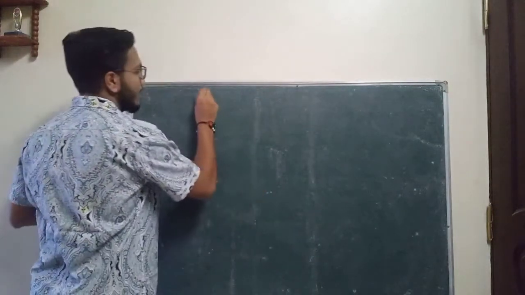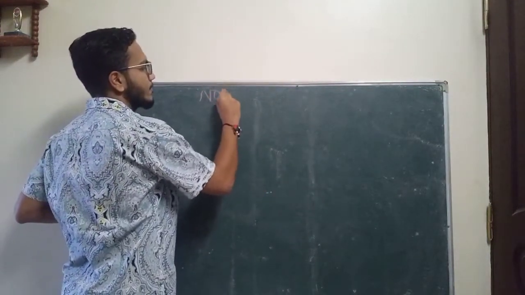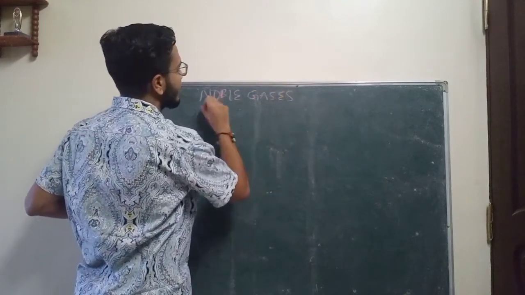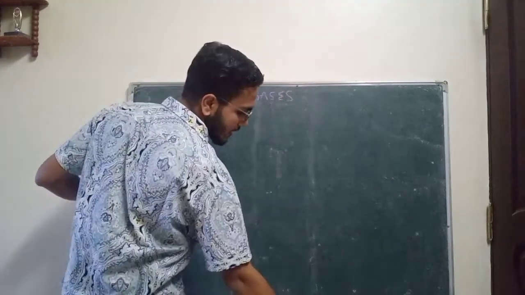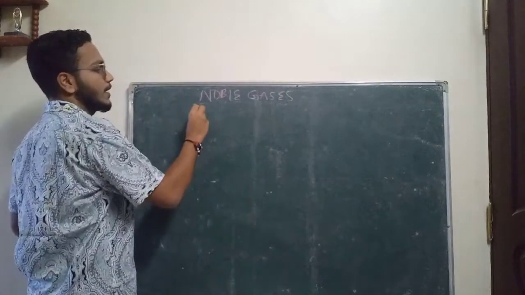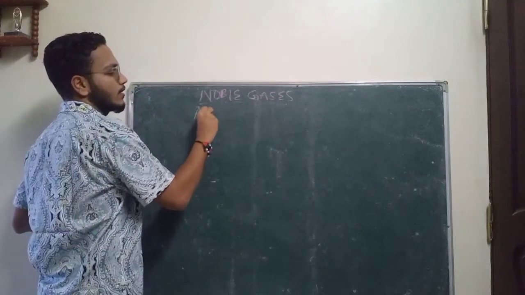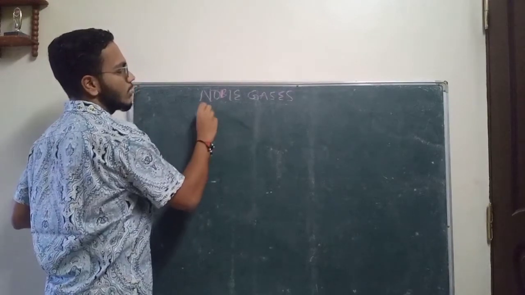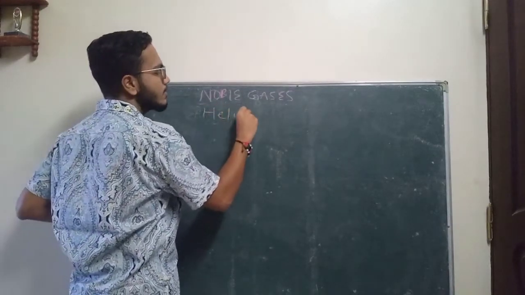Noble gases are group 8 elements. They are stable. As we learned in primary, also in science, noble gases, the main noble gas is argon. However, we have helium, so argon comes after helium. Helium is first.